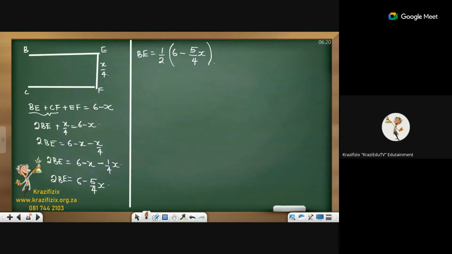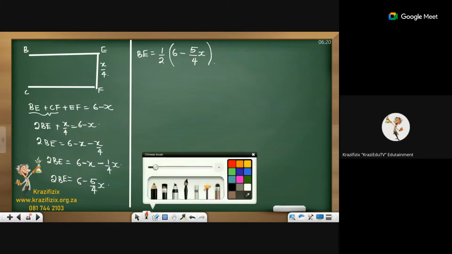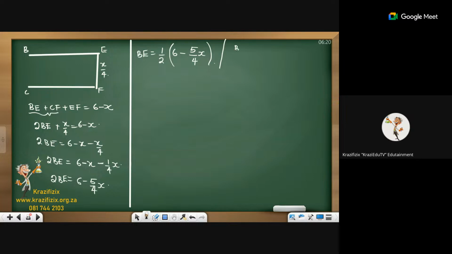All right, guys, I said we divide both sides by 2, which is the same thing as multiplying by half. If I lost you there, let me find you. Minus 5 over 4x. Right, everything divided by 2. This is grade 7 or grade 8 work.